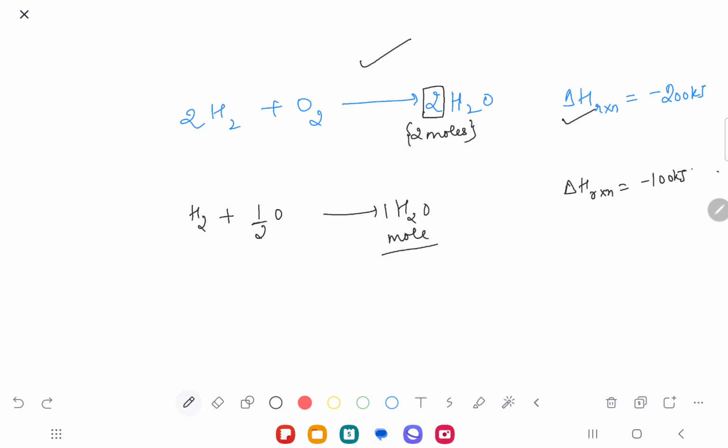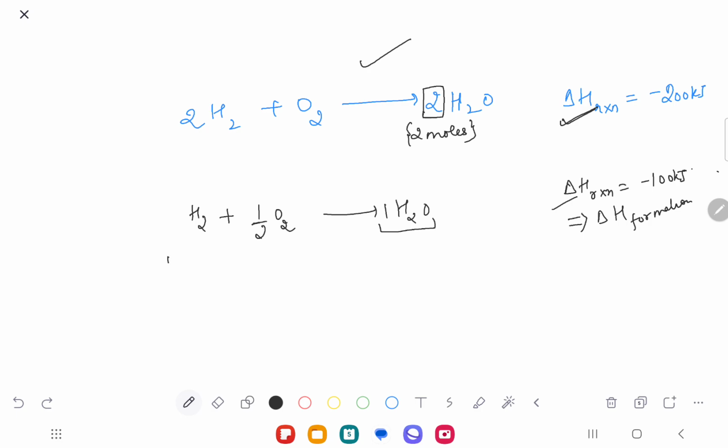So what do you think we have right here? Tell me. So this reaction is a heat of reaction. This reaction also has a heat of reaction. But I will call this heat of reaction the heat of formation, because in this, the H2O is being formed from its elements, and H2O is being formed in 1 mole quantity.